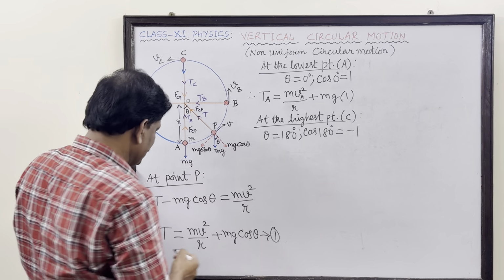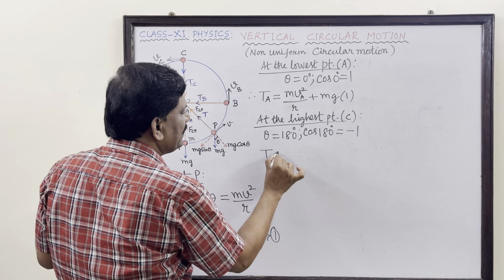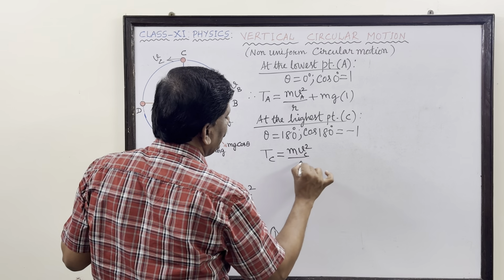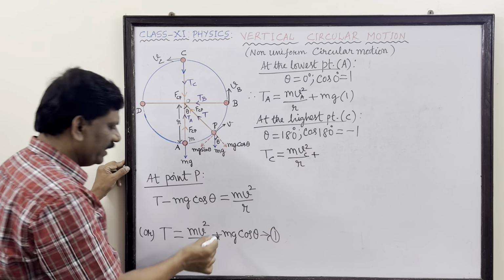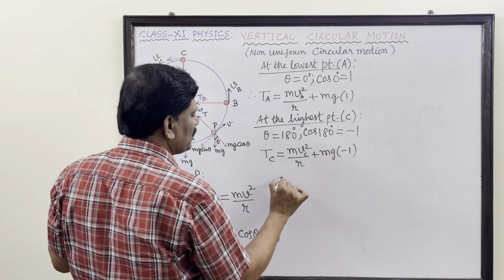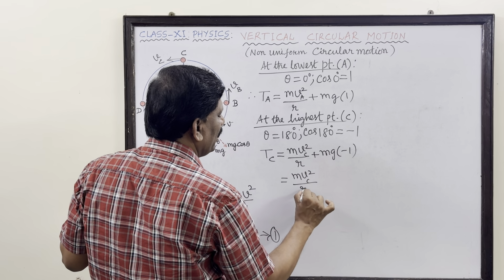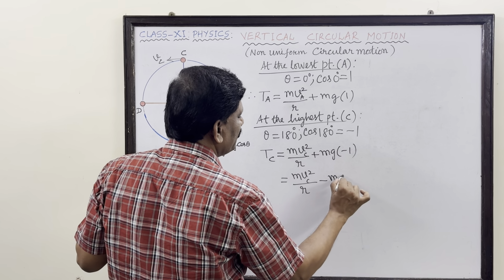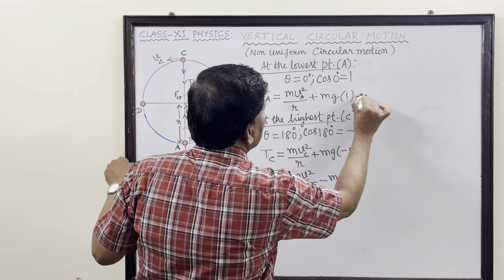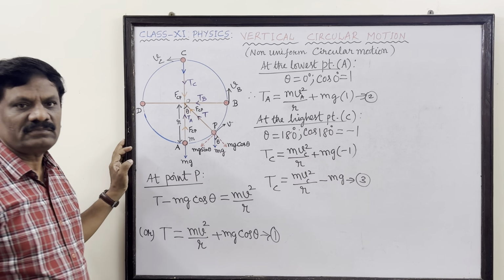If I rewrite equation 1 for the highest point, TC is equal to mVC square by R plus mg into cos 180. So mg into cos 180 is minus mg, and this is equal to mVC square by R minus mg. So this is equation 2 and this is equation 3.